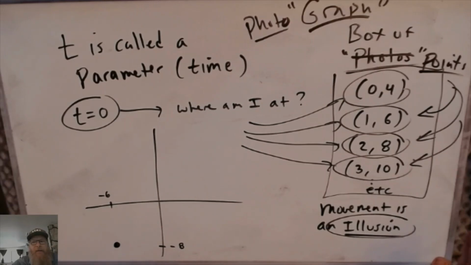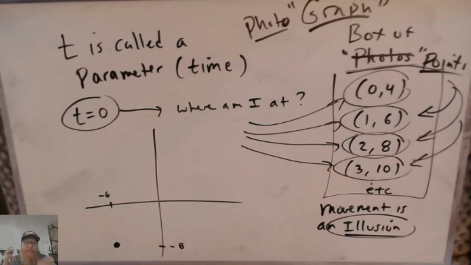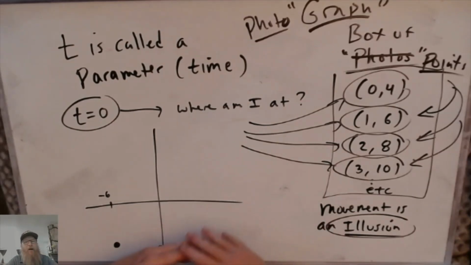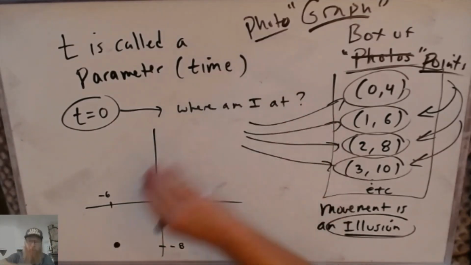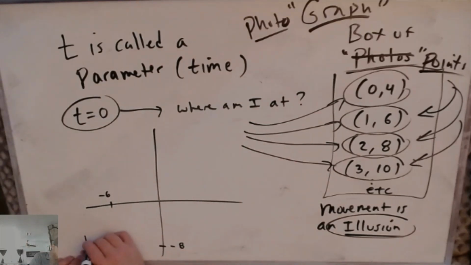Maybe the points that I picked out were not necessarily representative of the time in which this graph is moving over time. So I could say, when t is equal to 0, maybe my x and my y are at -6 and -8.